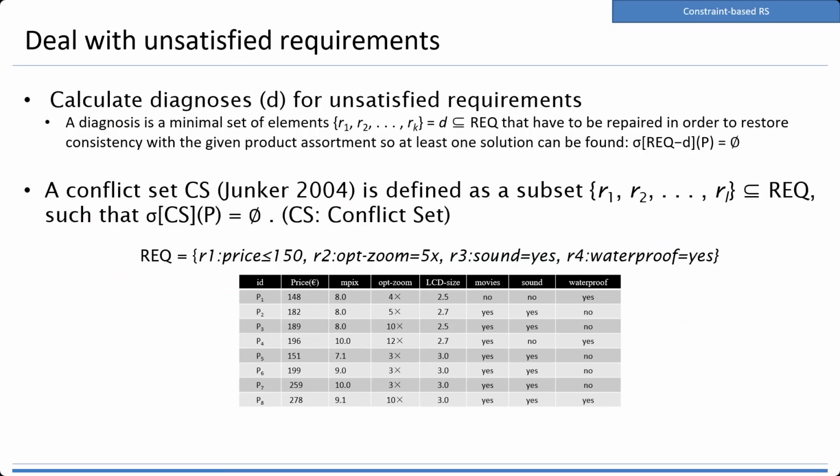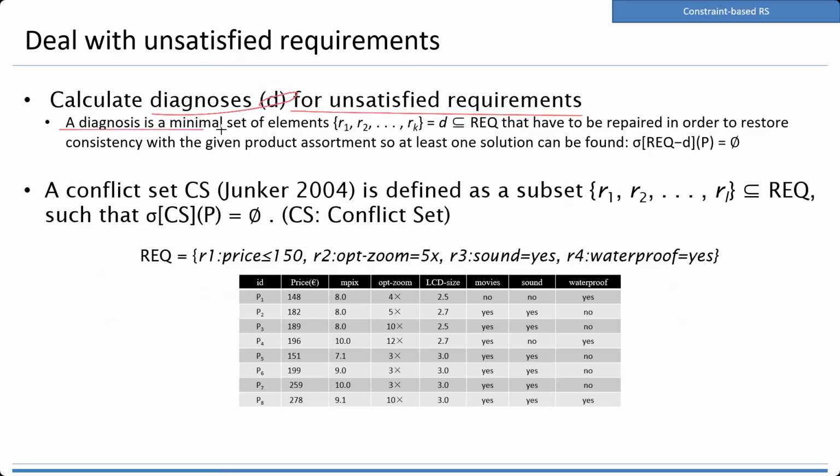There are some ways to deal with unsatisfied requirements. In this method, we can calculate the diagnosis. Diagnosis means D. So we can calculate the diagnosis for unsatisfied requirements.